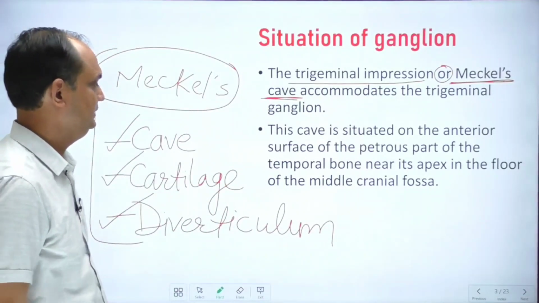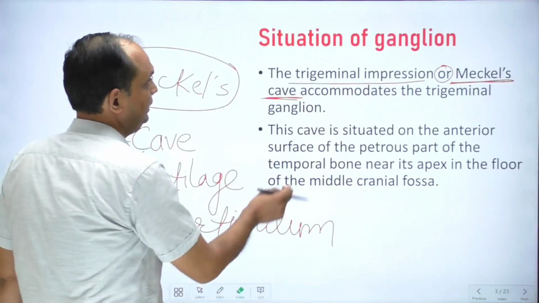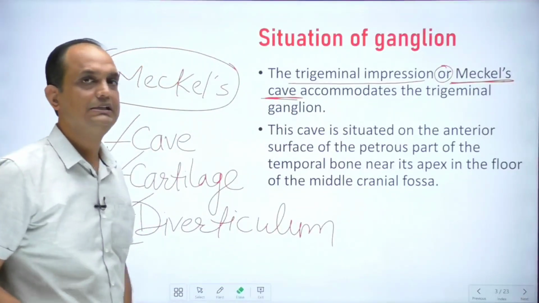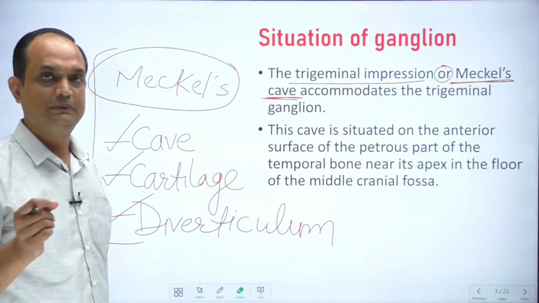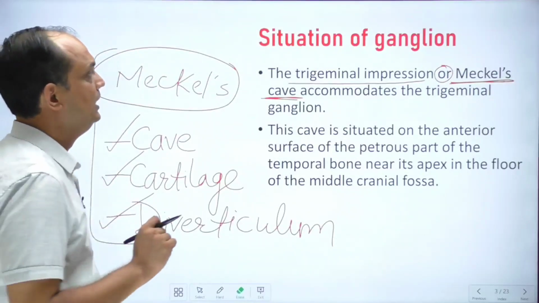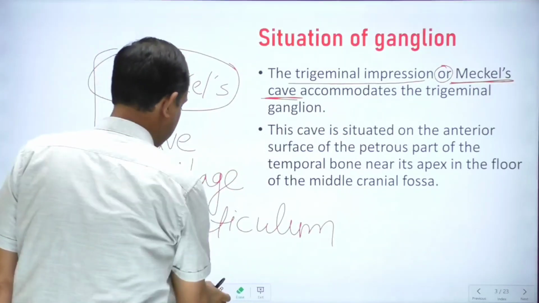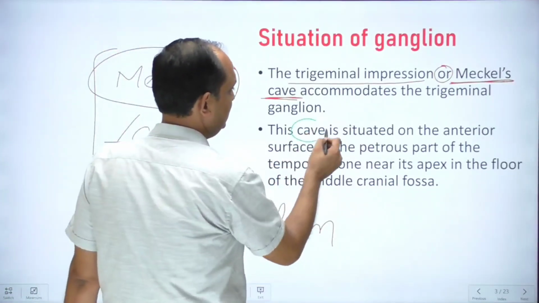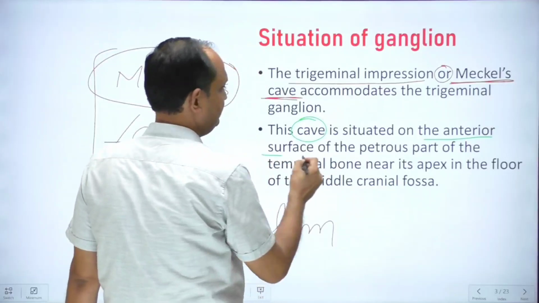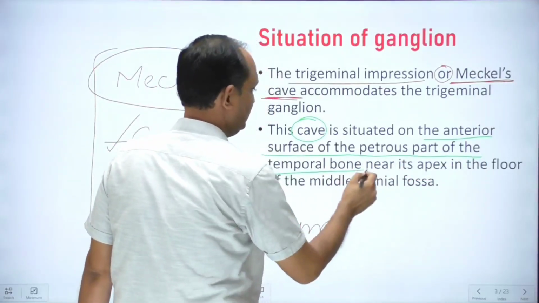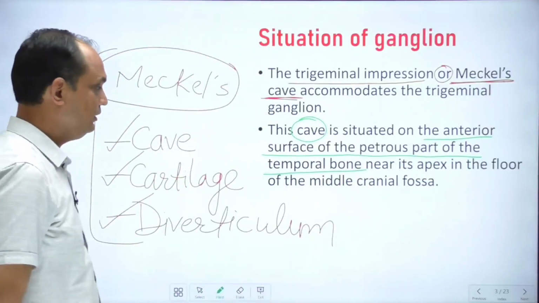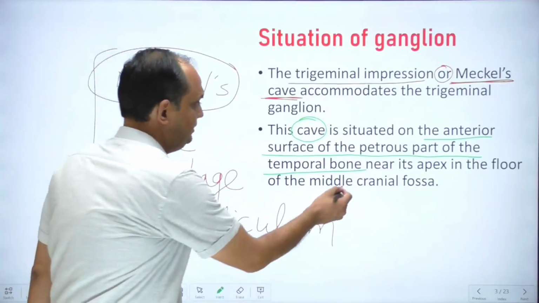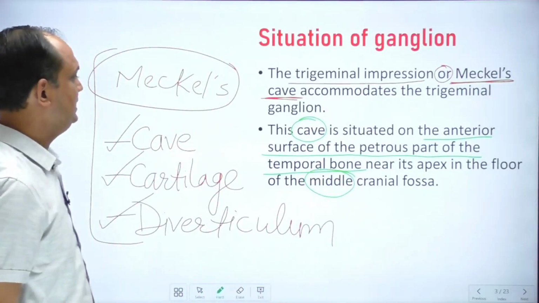So the first important thing is, what is Meckel's cave? Meckel's cave is a depression present in the middle cranial fossa and it accommodates the trigeminal ganglia. The second thing is that this cave is situated at the anterior surface of the petrous part of the temporal bone in the middle cranial fossa, near the apex.